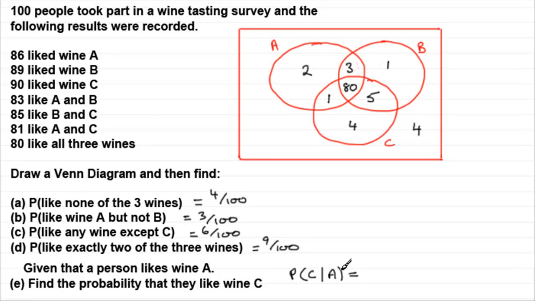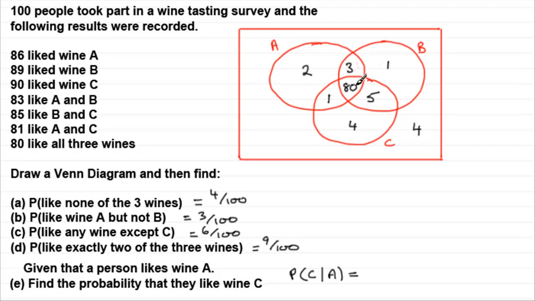They're very easy to work out because we know that the person likes wine A, so we know that it's one of these people. Okay, and how many people are there in here? Well, if you add up the 2, 1, the 80 and the 3, you'll get 86 people. Well, we've got it over here anyway. 86 people like wine A. Okay, so we know that they like wine A, but of these people, what's the probability that they like wine C?